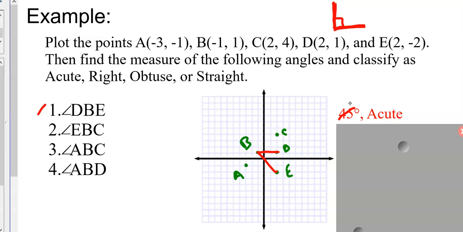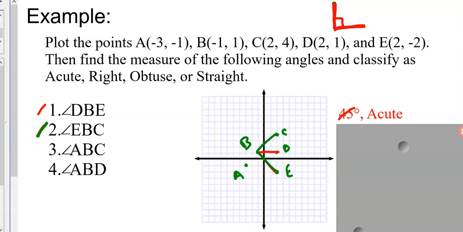Okay. Then if I take a look here, and I'm going to get a lot of angles drawn on here, so I apologize for that. But if we take a look at angle EBC, so I'll highlight that here. So that's going to be EBC. I'll do this one in green. So we'll do EBC.